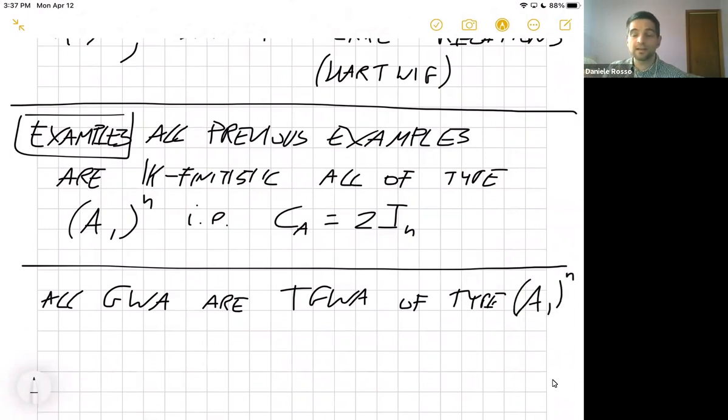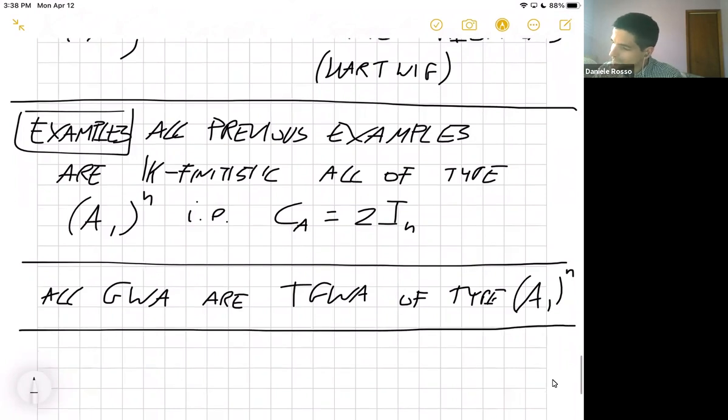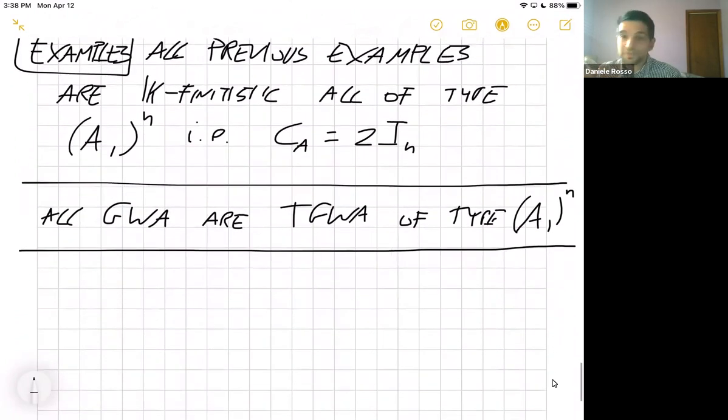But type A1 to the n gives us a more general family than just GWAs. Okay, but I also have examples that are not of type A1 to the n, although that's going to be one of the main things that we can actually work with.